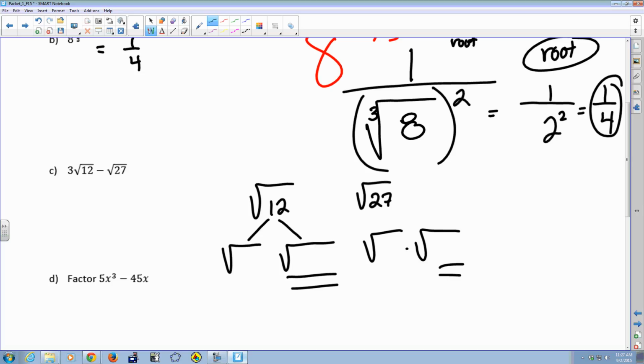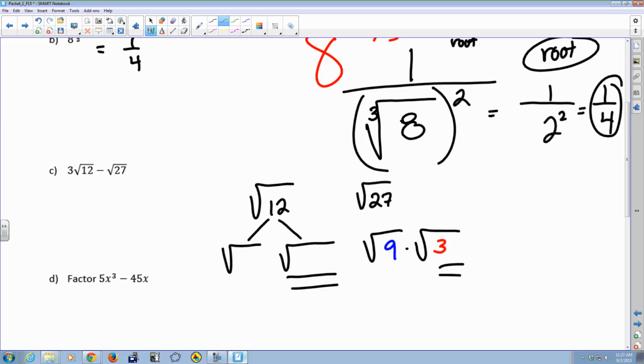None. A 3. A 3 and a 9. 9 goes into 27. So square root of 9 times the square root of 3. And if 12 can be written with one of these radicals, you're golden, because then you can make them look alike.